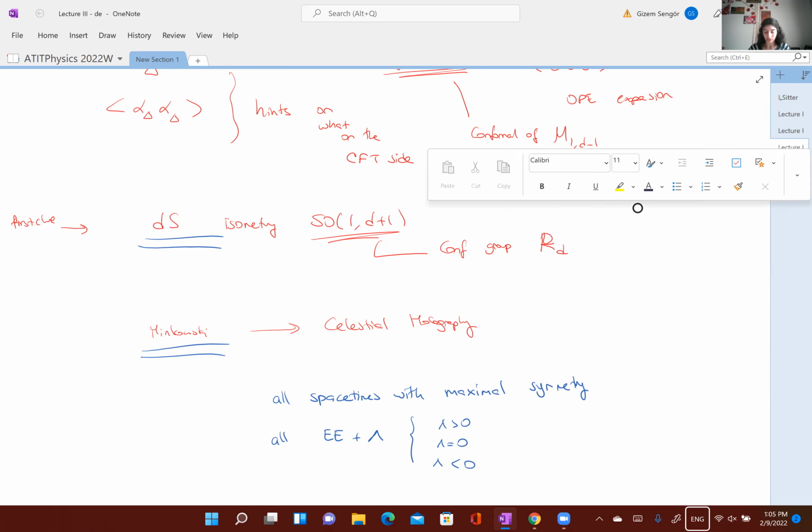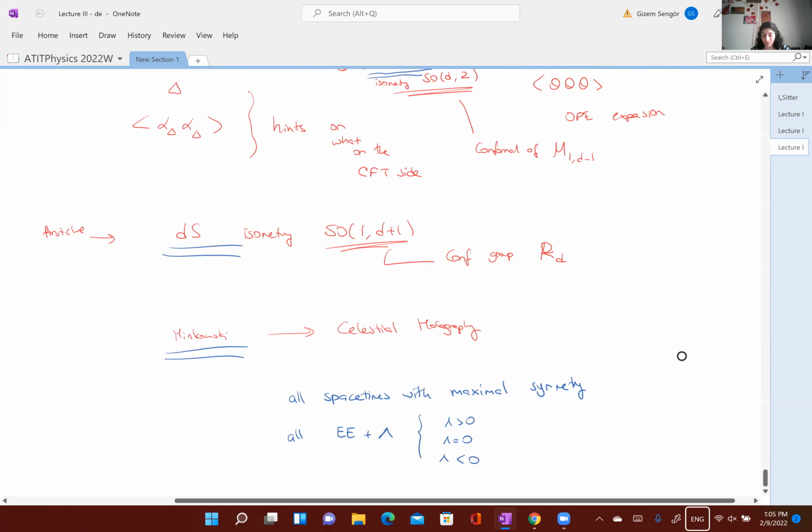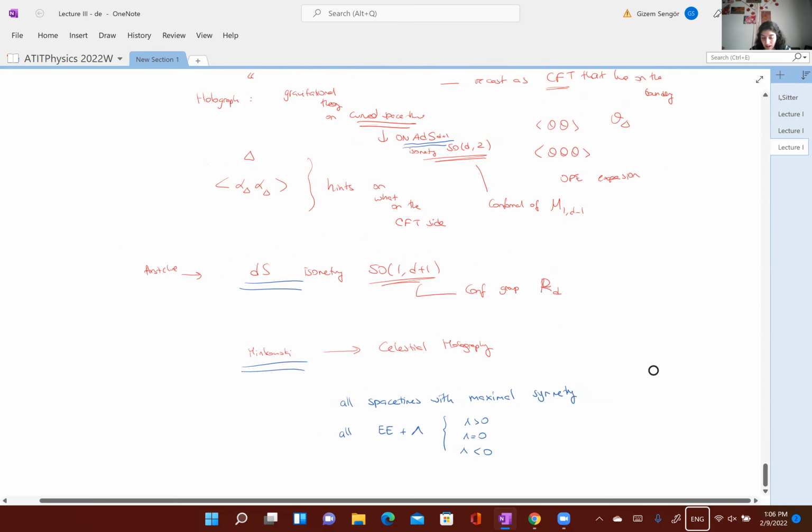So maybe because of this, they all seem to lead to this. This is something to think on, for all of us, for the whole community, that we have this tool, holography. It seems to be very nice for understanding gravity on anti-de Sitter spacetimes. But if we put anti-de Sitter as a member of this bigger family of maximally symmetric spacetimes at different values of the cosmological constant, then how far does the reach of holography stretch?